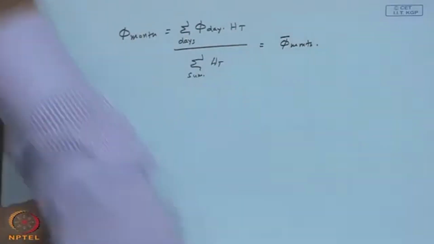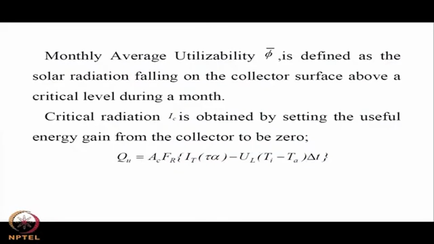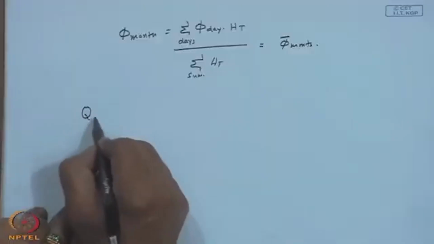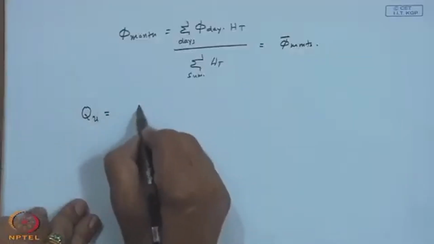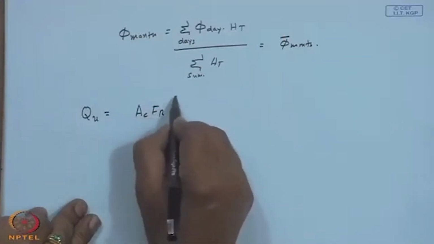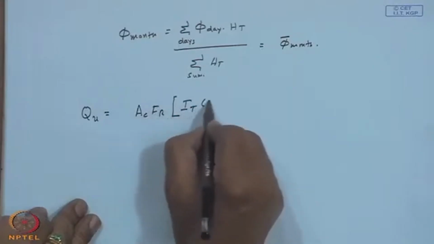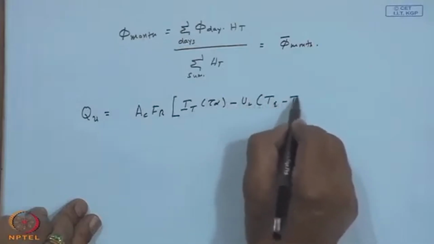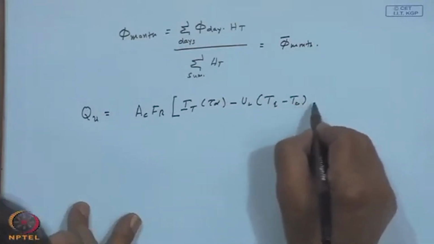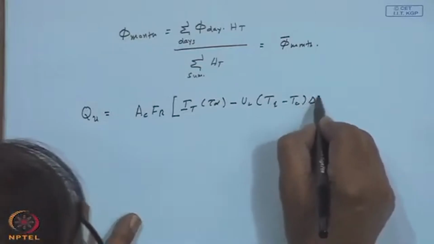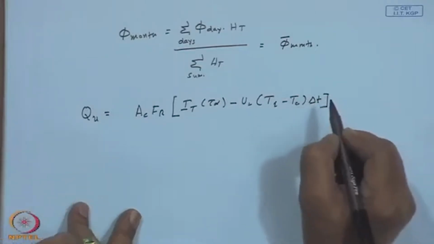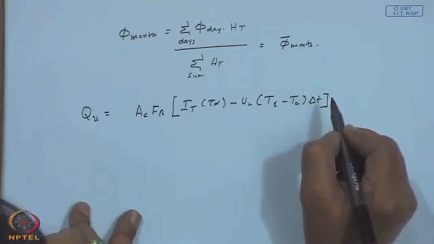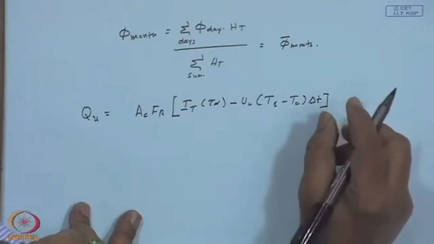So, let us go a little bit into the critical level. My useful energy gain equation is Q u equals A c F r times I t tau alpha minus U l into T i minus T a. For the sake of completeness and clarity, here I shall use the time factor delta t, otherwise you may not be able to calculate the critical level over a period of 1 hour integrated, compared to the intensity at an instant.